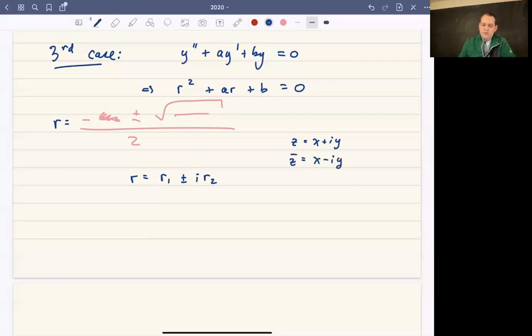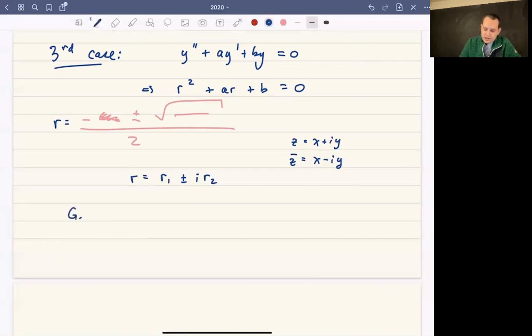Okay, so that turns out to be just a fact about solving these polynomial equations, that when you have real coefficients, complex solutions always come in pairs. Now, what this means for us is, let's just copy what happened before, because it seems like we have two distinct solutions here, and that's going to be very much like the first case. When we had two distinct real solutions, we just have two distinct complex solutions.